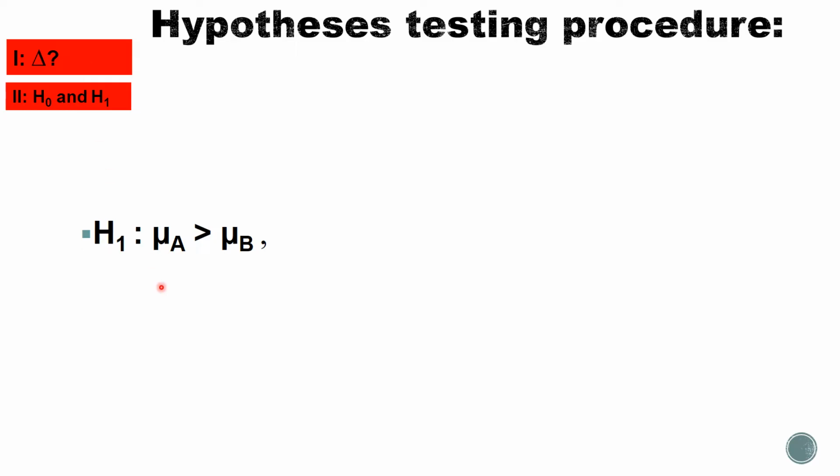But due to sampling error, in other words, for the fact that we never conducted our study on the actual population, for instance, mu A represents, depending on our judgment criterion, probably we said we were going to measure the mean hours of sleep after taking, let's say, hypnotic A, and the mean hours of sleep after taking the standard treatment, which is hypnotic B. So based on our judgment criterion, we are trying to say the average hours of sleep after taking the new drug would be greater than that after taking the standard treatment, or in some cases a placebo.